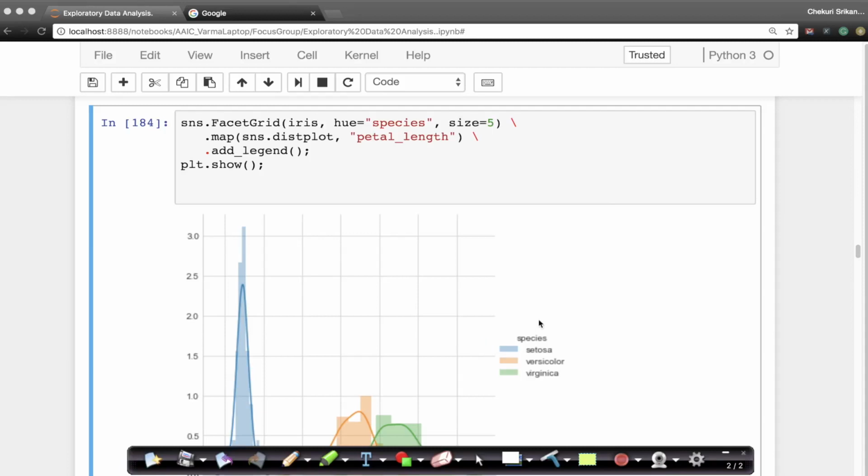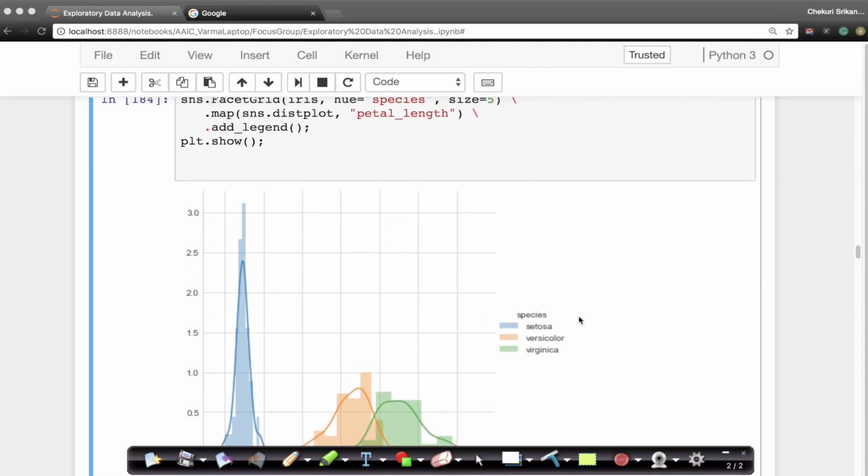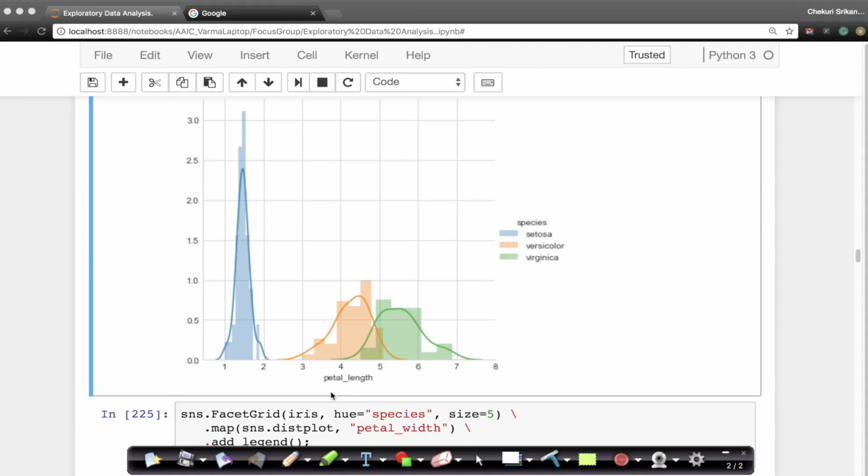So first, here is your histogram on petal length. The x-axis here is petal length, and the y-axis is the histogram.